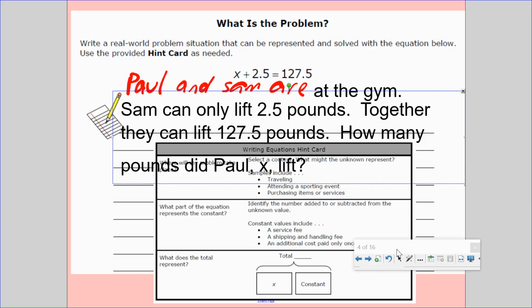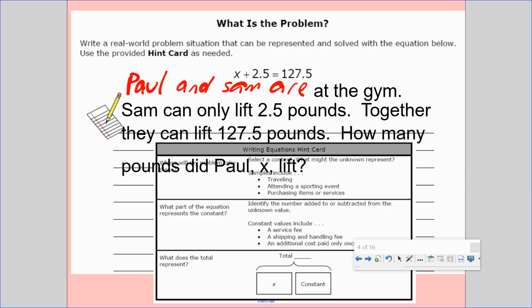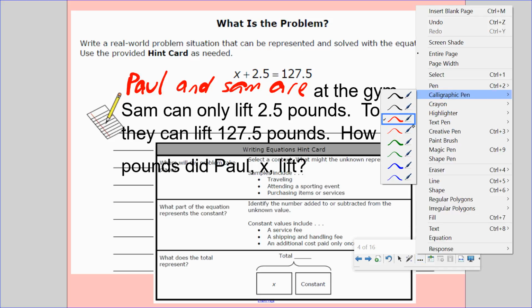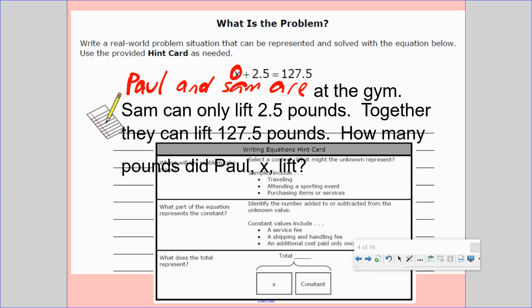Do we know how many pounds Paul lifted? No. So Paul is X. Paul is X, and Sam is 2 and 5/10. Together, they lift 127 and 5/10. So that is my story.